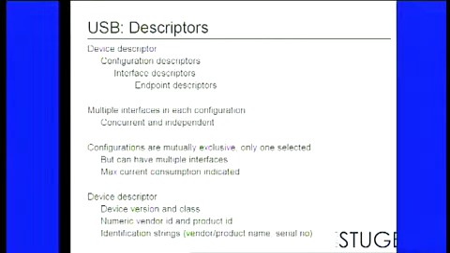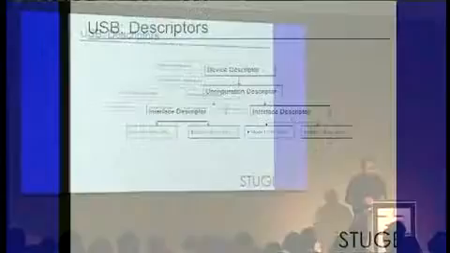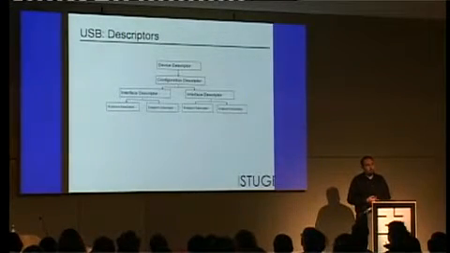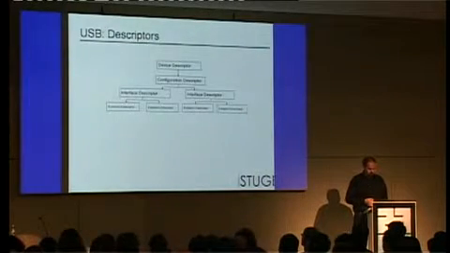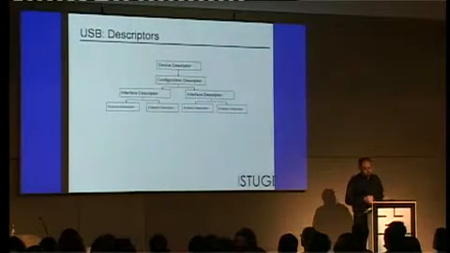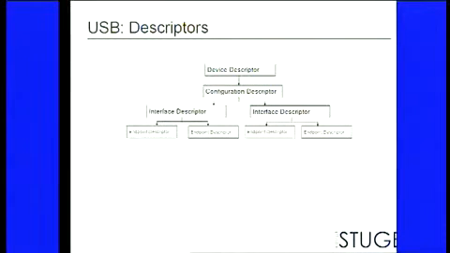There might also be some text stored inside the device as string descriptors, which are referenced from the device descriptor, with the name of the manufacturer, and also configurations and interfaces can have names too. It's not used much. But anyway, this is a small diagram of the descriptors and how they relate to each other. One device descriptor, one or more configuration descriptors, and inside a configuration, one or more interfaces and endpoints within the interfaces.